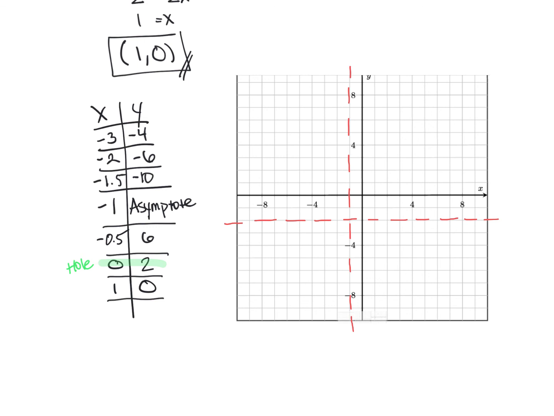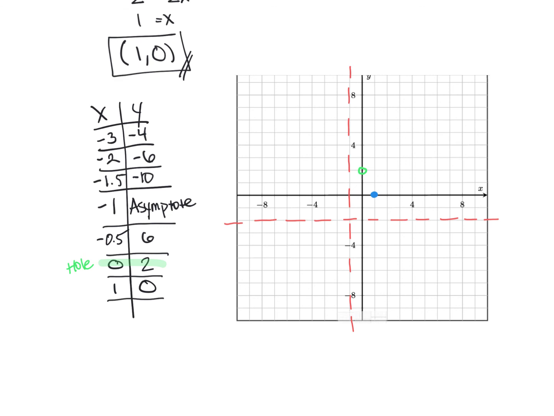Now, you can either go through your table, or you can just mark in your important features first. So first important feature, we have an x-intercept at 1, 0. So that's going to be right here. We also have a hole at 0, 2. So remember to draw that as an actual open point.